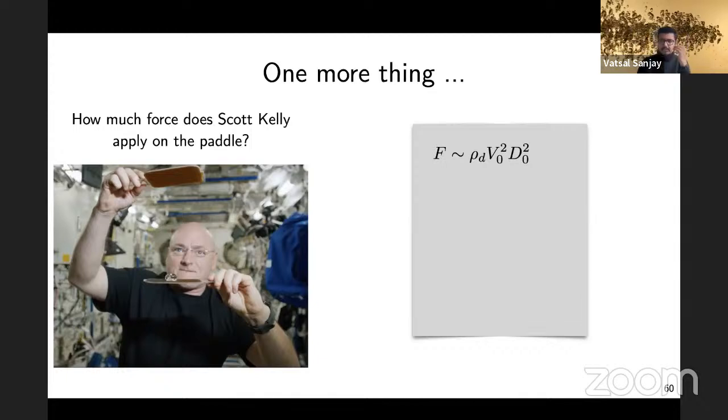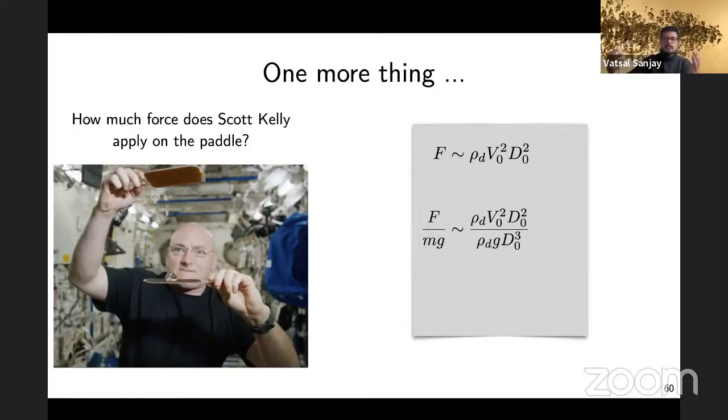And as it turns out, the force that he's applying is proportional to this inertial pressure force. And if we were to normalize this force by the weight of this droplet on Earth, so of course when you are on the International Space Station, then g goes to 0.